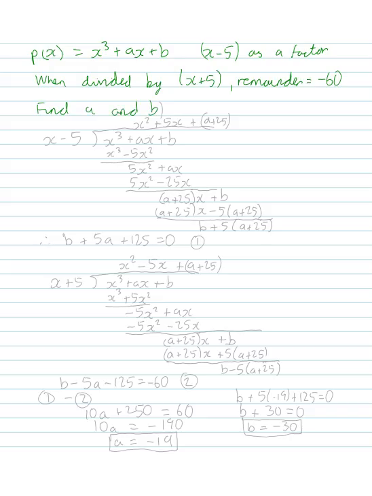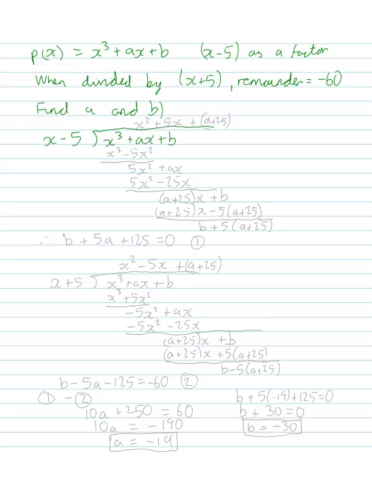Alright, so first thing we need to do is actually do the division, because the fact that x minus 5 is a factor means that when you divide it out there should be no remainder. So we need to do x minus 5 going into x cubed plus ax plus b.